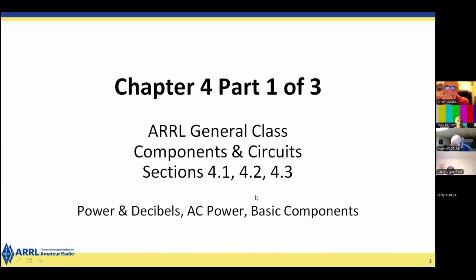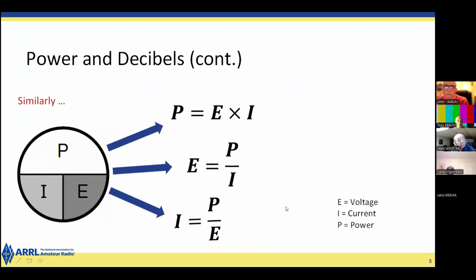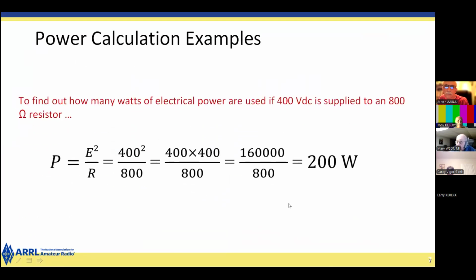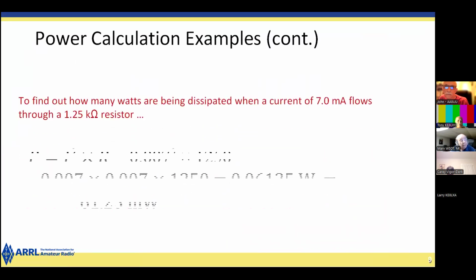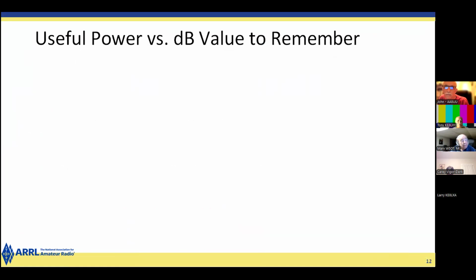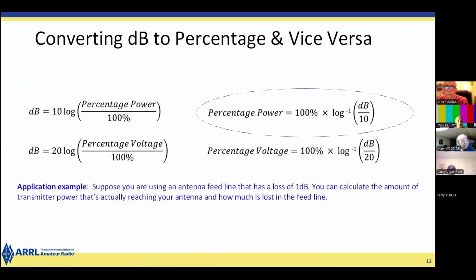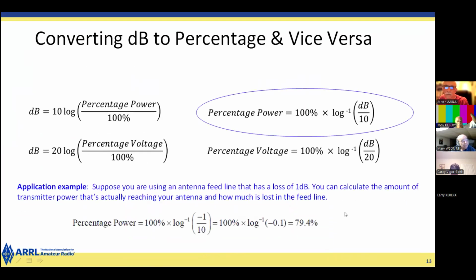Oh, I think that answer was 20.57% loss.